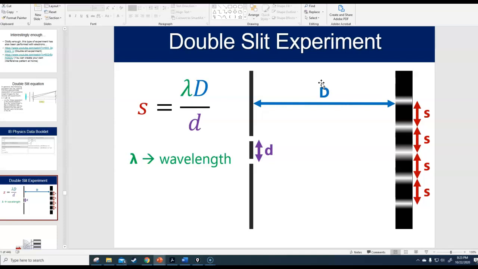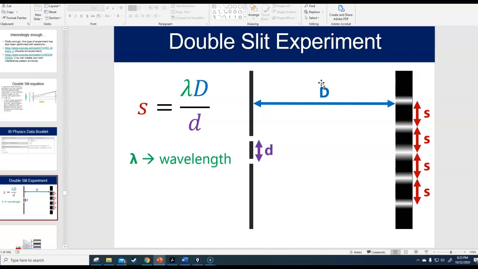This equation allows you to calculate S, or actually, practically speaking, you would most likely use it to calculate the wavelength. This gives you a way to calculate the wavelength of things like light, because you can measure both D's very easily, and you can measure S easily as well, because you can just project it on a screen, go up to the screen with a ruler or something, and measure S. So if you were actually using this equation in real life, you'd probably be using it to find the wavelength.